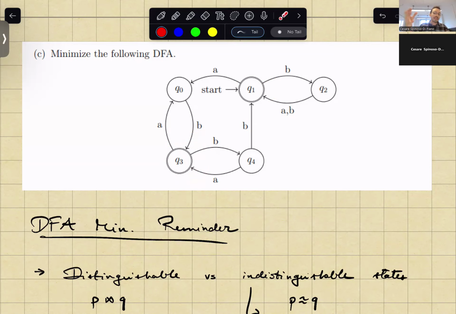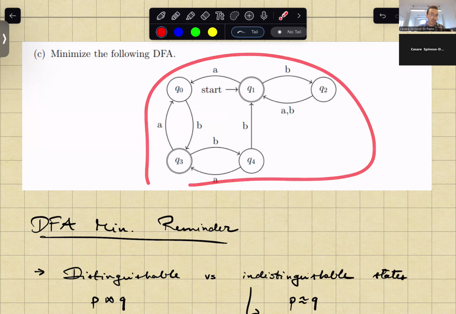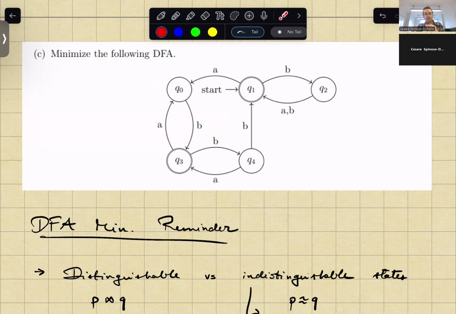And so if that's the case, then in a minimal DFA that has no redundancy, Q1 and Q3, for instance, should be together. I'm not saying they're necessarily going to be together in the corresponding minimal DFA for this one, but if they were, then they should be together in the minimal DFA, acting as kind of one.